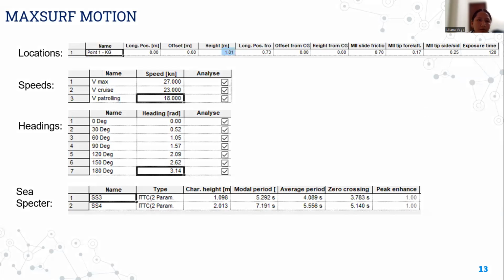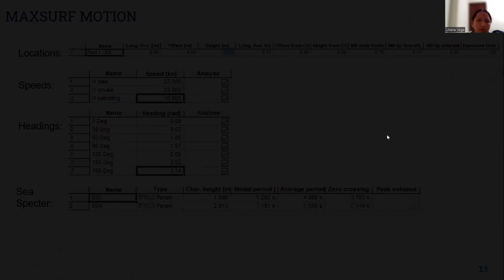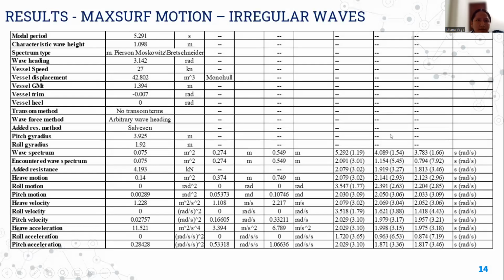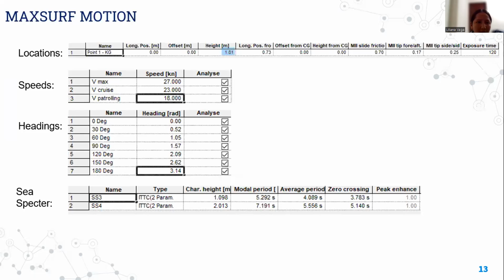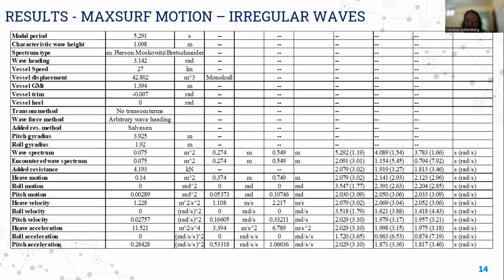At this point, we can analyze the KG, the position, and the equal parameters. And this is the response of only the speed, vessel at 27 knots.